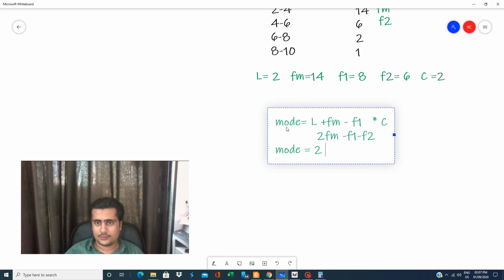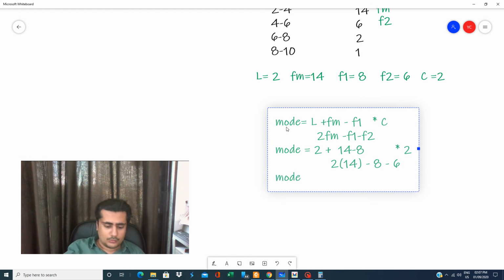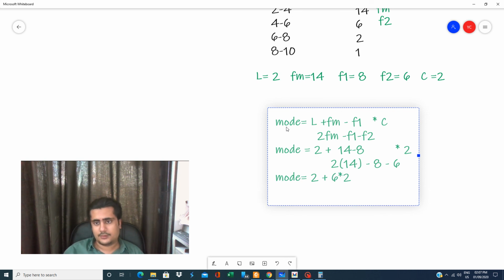It is 2. What is Fm? 14 minus 8 upon 2 into 14 minus F1 minus F2, into the class length. So mode is equal to 2 plus 14 minus 8, which is 6, upon 28 minus 14.